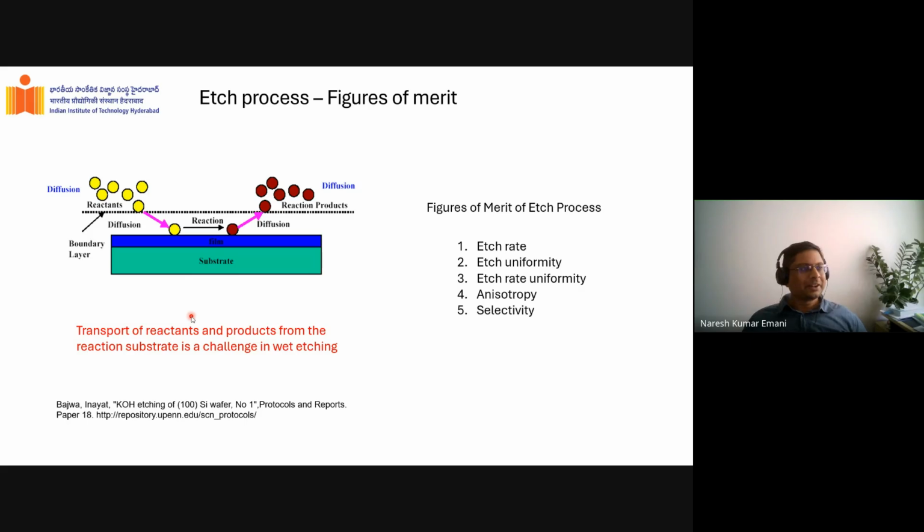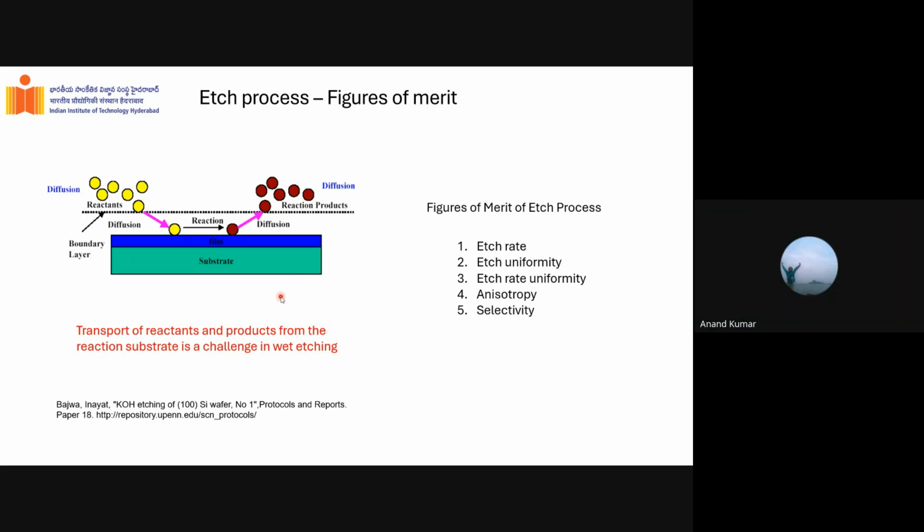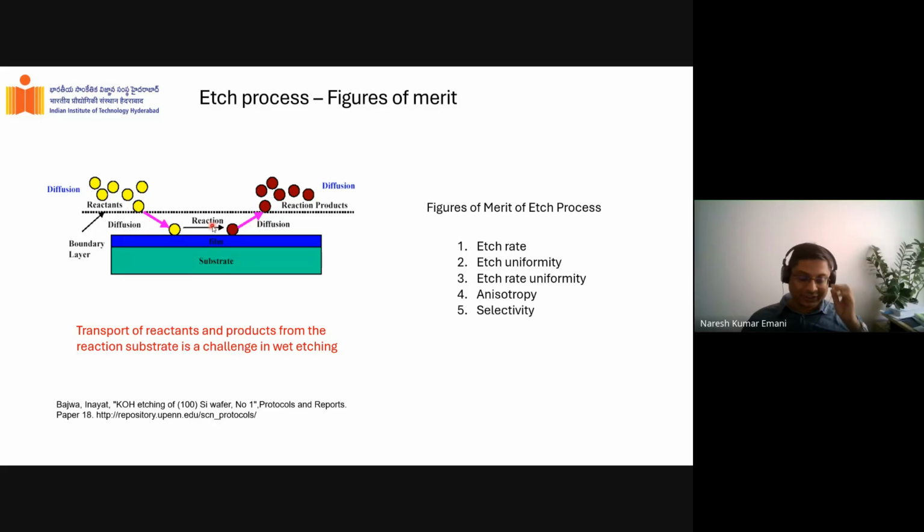Well, gases are better, they'll go out faster, no? The main thing is to think of the liquid that is there. That's an accumulation of the byproduct on top of the film, because diffusion rate is very slow in liquid.